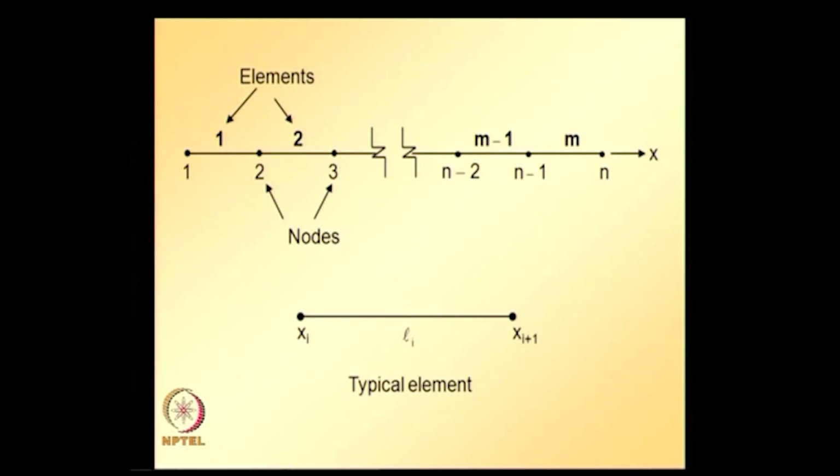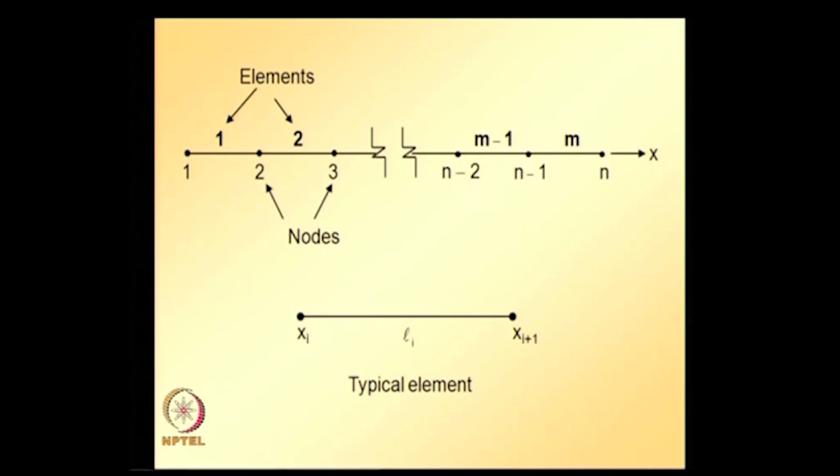is divided into m number of elements and each element is assumed to have 2 key points at the extreme ends of that particular element. So, each element has 2 nodes and there are n number of nodes, m number of elements.